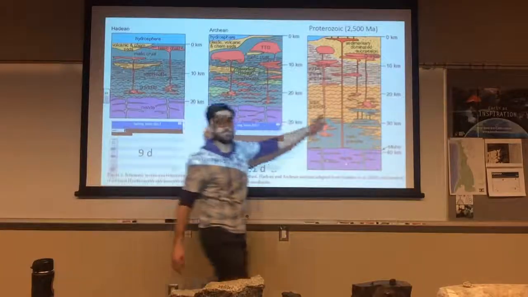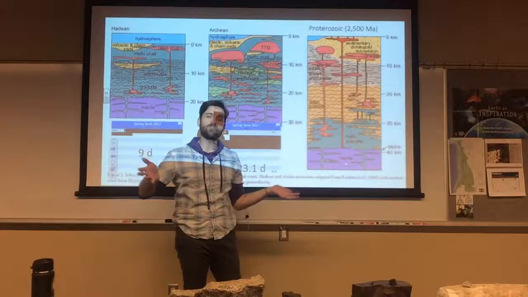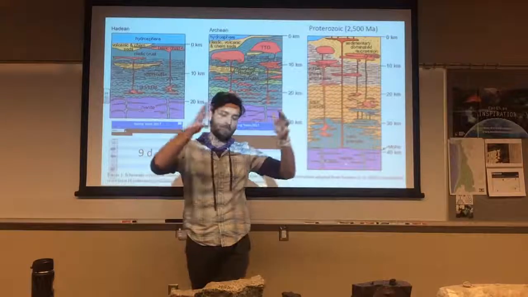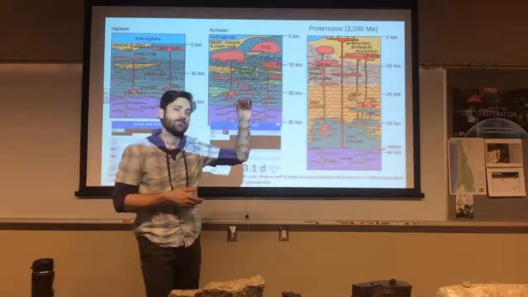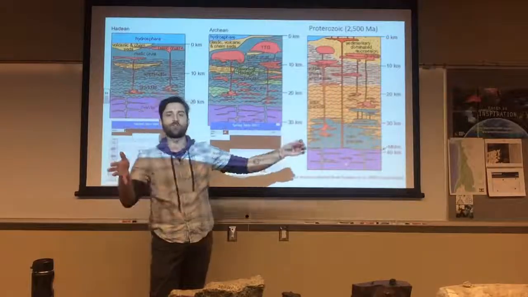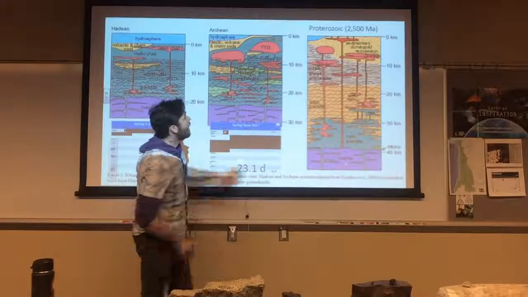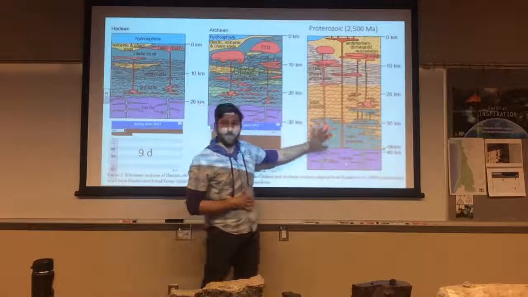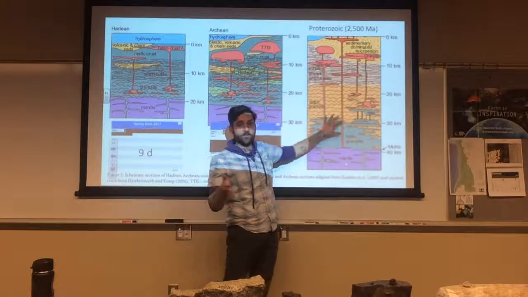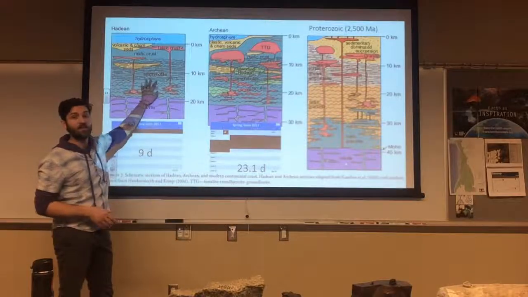All three of these are within the Precambrian, as we've defined in this class, the earliest segment of geologic time, from 4.6 billion to 542 million years ago. All of this is during that time. The Proterozoic is the most recent, 2.5 billion to 542 million years ago. The Archean and Hadean are then older than that.